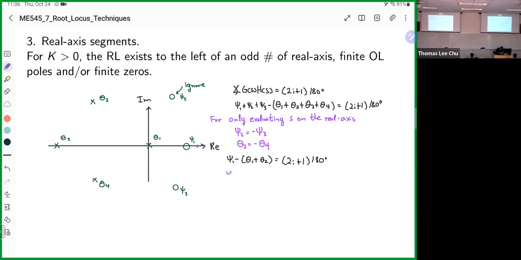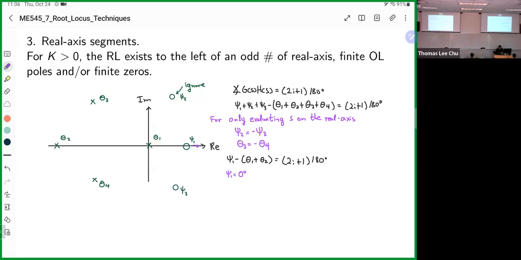The angle of psi 1 here is going to be equal to 0 degrees, right? Are you following me there? So that's 0 degrees because we're measuring relative to the positive x-axis.